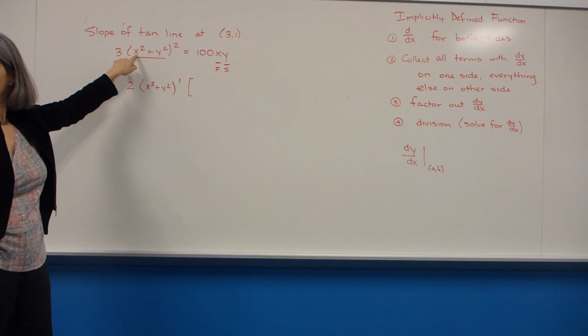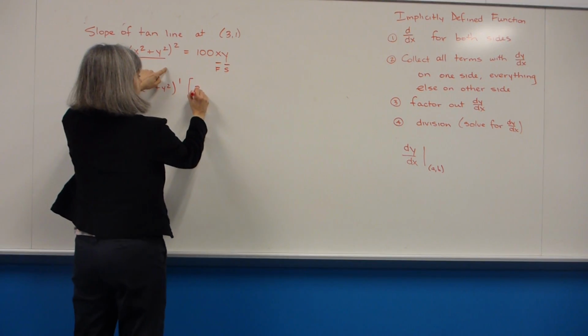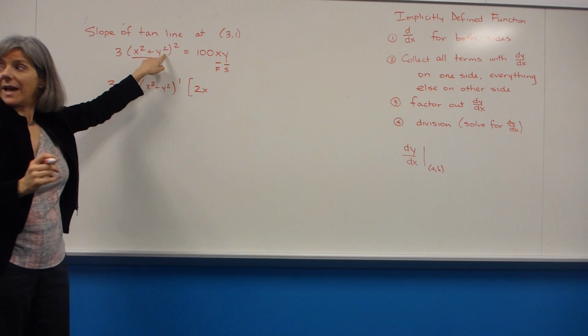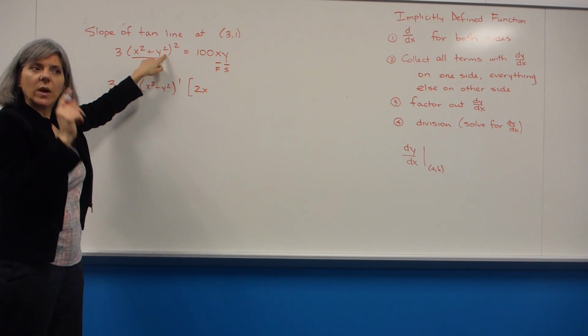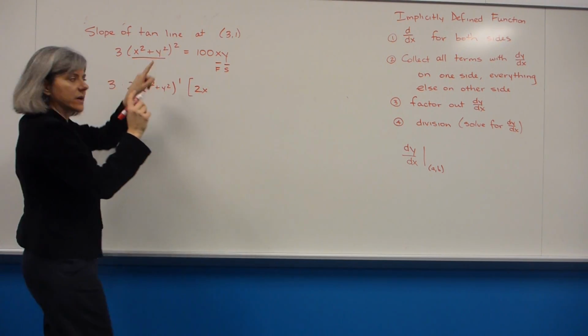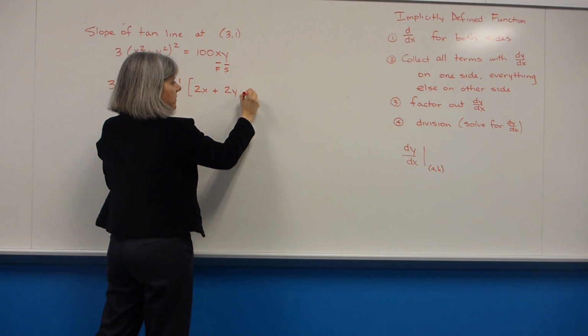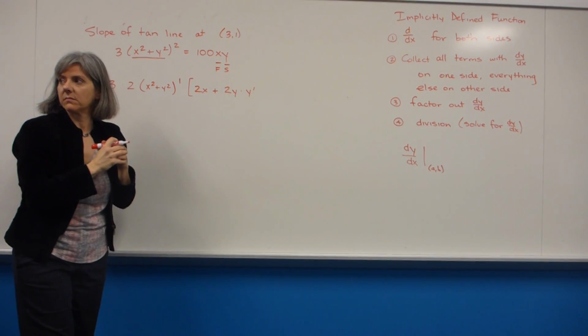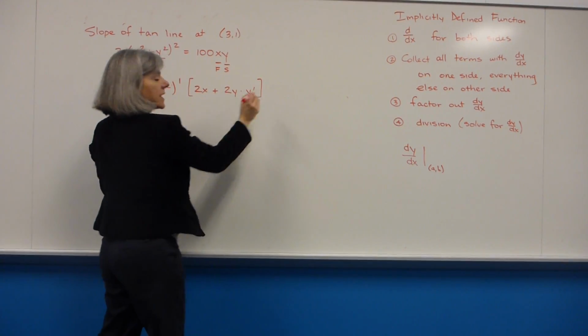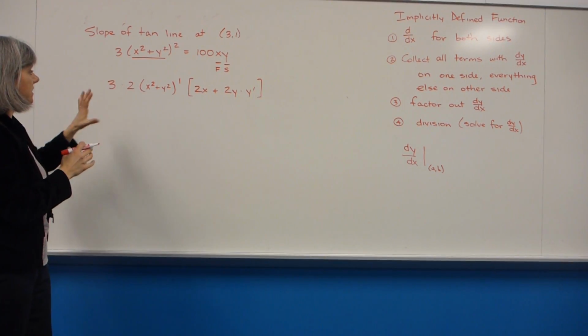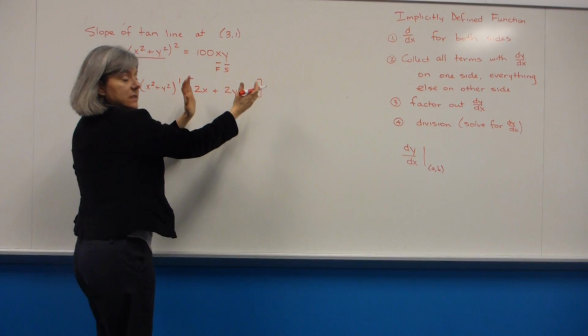Derivative of x squared, is that a basic? Yes, 2x. Derivative of y squared, is that a basic? No. X squared is the basic, y squared is not. It's still 2y and then derivative of the inside. Yeah. So now is this side complete? Yes, because I've handled the outside and I've handled the inside.